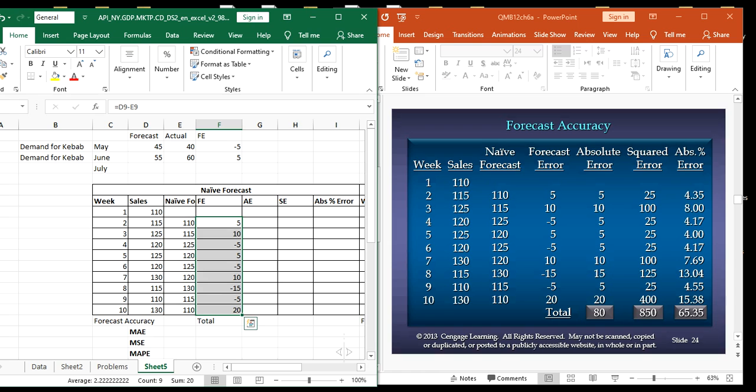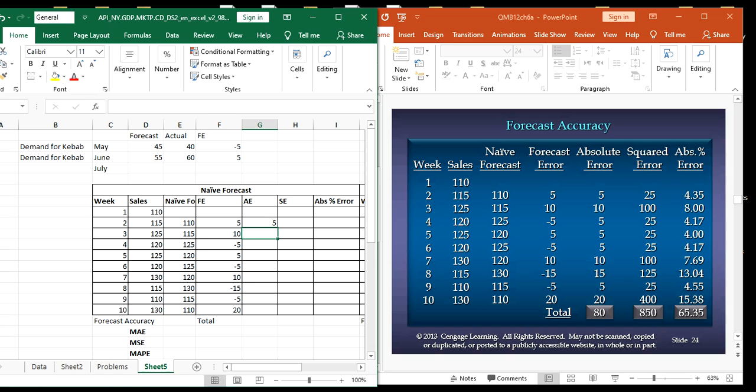Now what is the absolute error? As I said, in order to be free from the negative signs, we take the absolute value of the forecast errors. This is the absolute error.